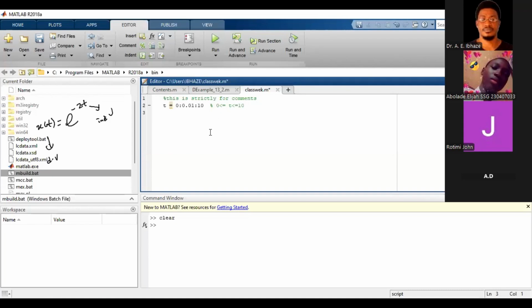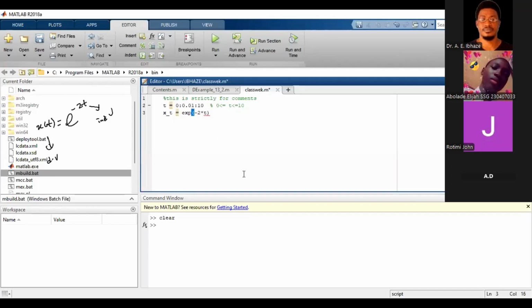Good. So now I want to define my signal. So S underscore t is equal to, now the exponential parameter, or the Euler, is going to be exp in MATLAB, right? Into bracket -2 times t.